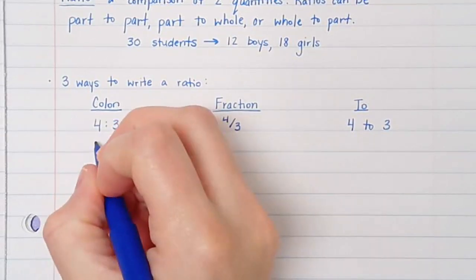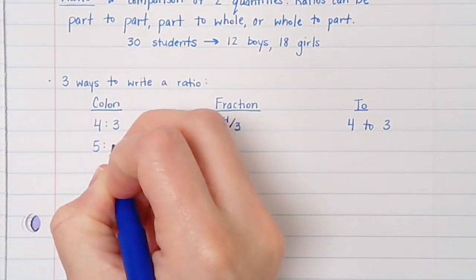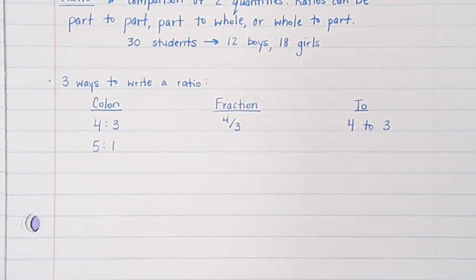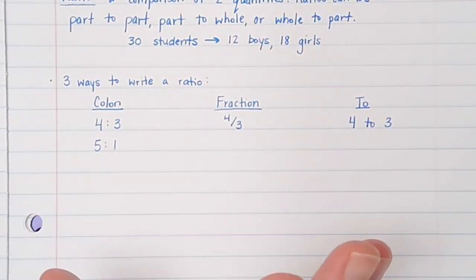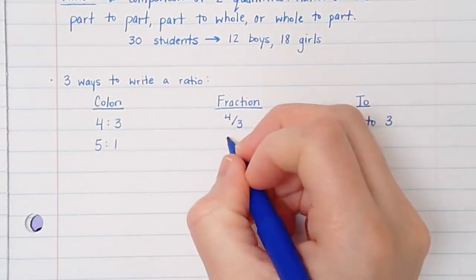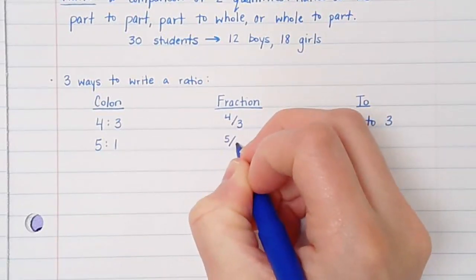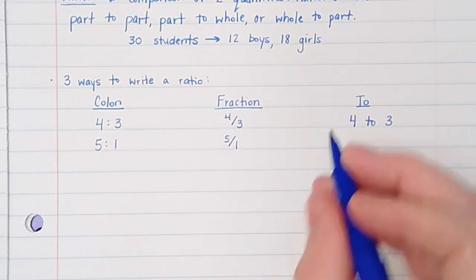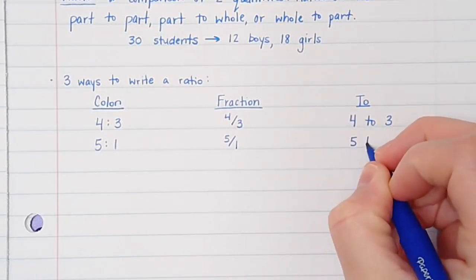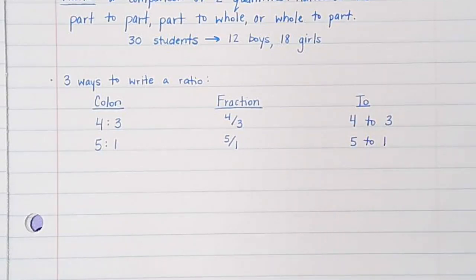So another one, 5 to 1. Okay, totally okay that the bigger number comes first. It doesn't mess anything up at all. Same thing if you write it as a fraction. It does not matter one bit that that bigger number is on top. And now with the word to, just like that.